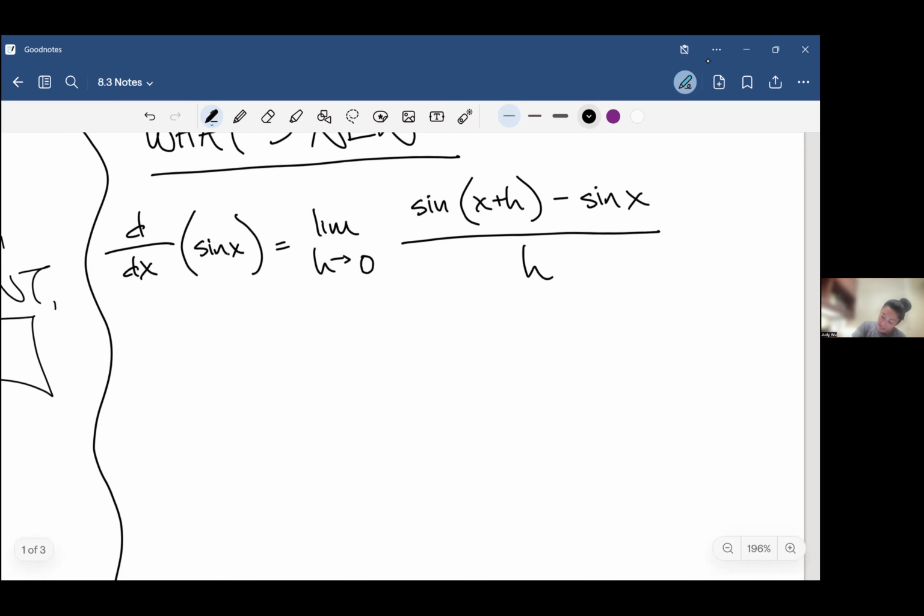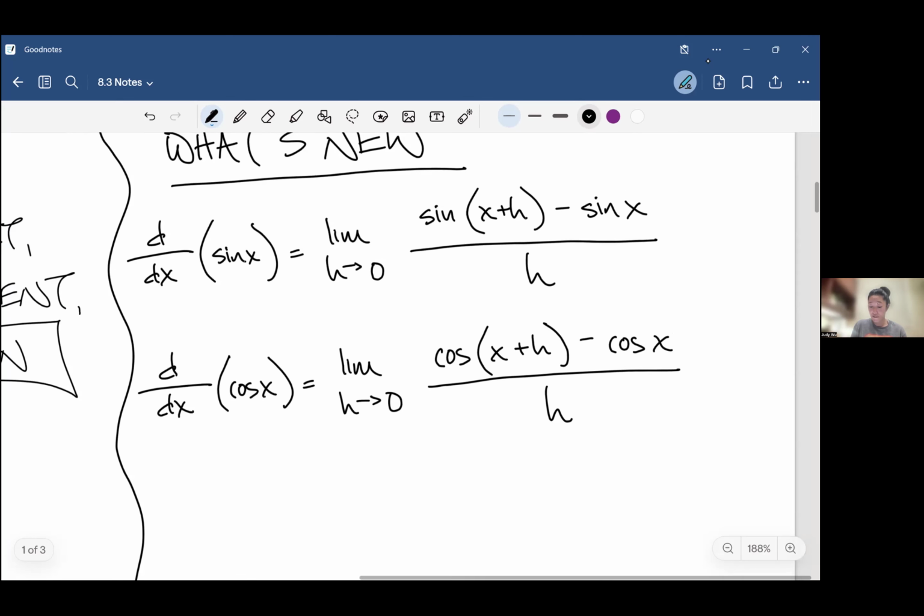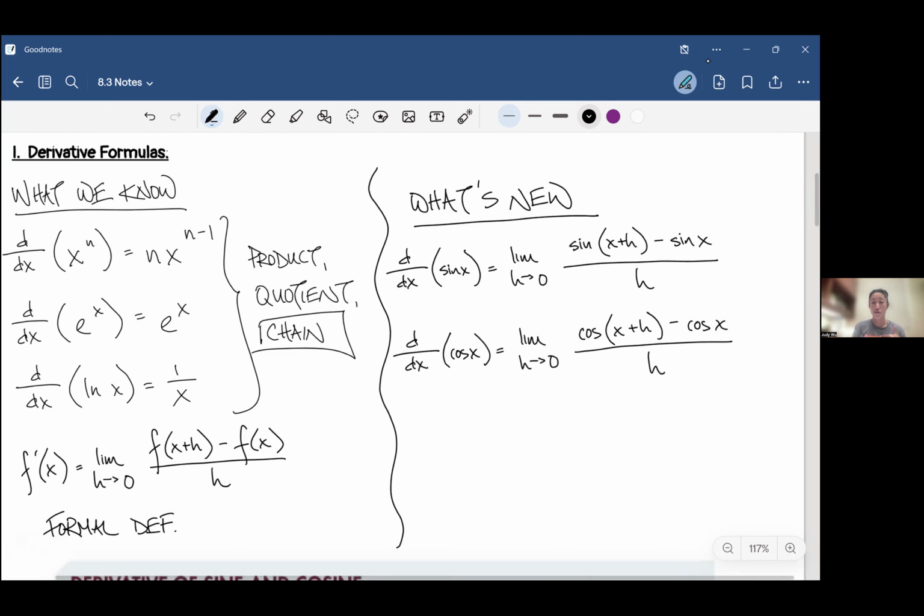Same thing if I find the derivative of cosine: I could go through the formal definition, take the limit as h approaches 0 of cosine of x plus h minus cosine of x, all over h. Now, if you want to nerd out a little bit, if you look up the formal definition for the derivative of sine and cosine, you'll find plenty of videos that talk you through that process. But that's not something we need to know.